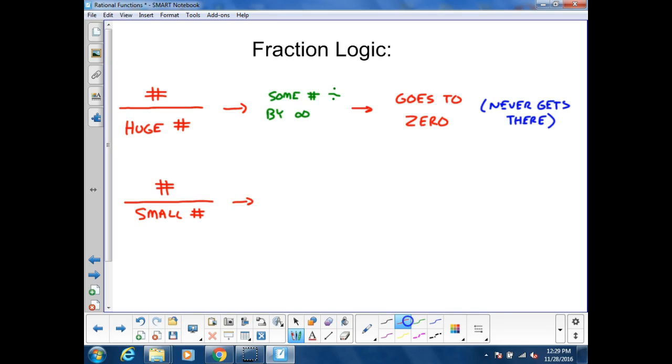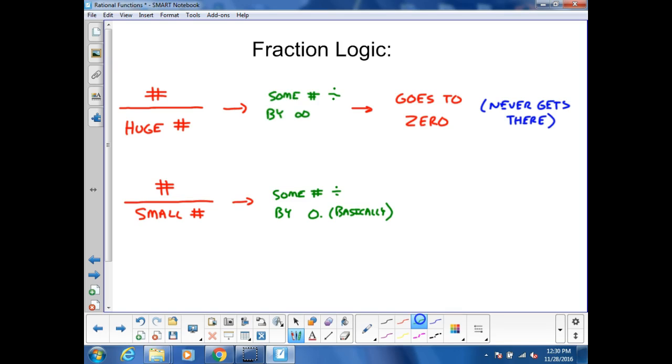So now I'm taking some number and dividing it by 0. Basically by 0. Okay? Because I can never divide actually by 0, right?